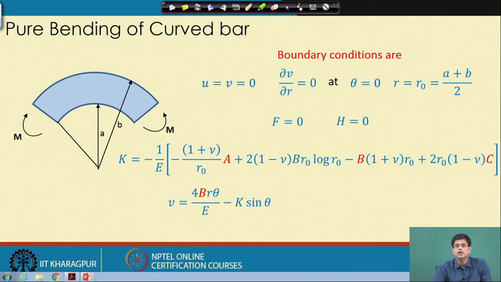Here, in the case of pure bending, we found the stresses, and to find those stresses we used stress functions. The stress functions are a function of r only, and they involve some constants, which we found from the stress boundary conditions.